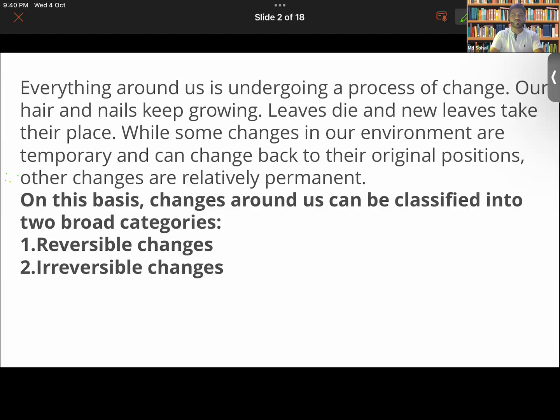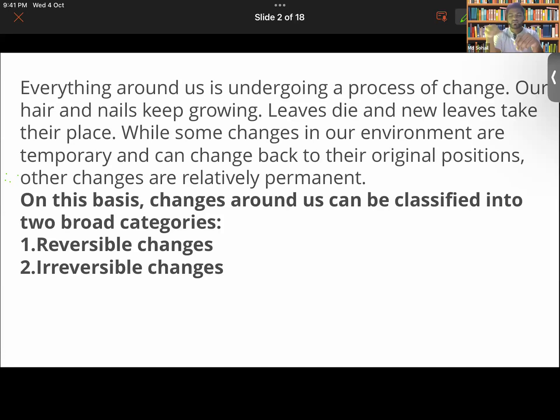If it is metal, like an iron paper clip, and it is bent, you can get it back to shape after that.